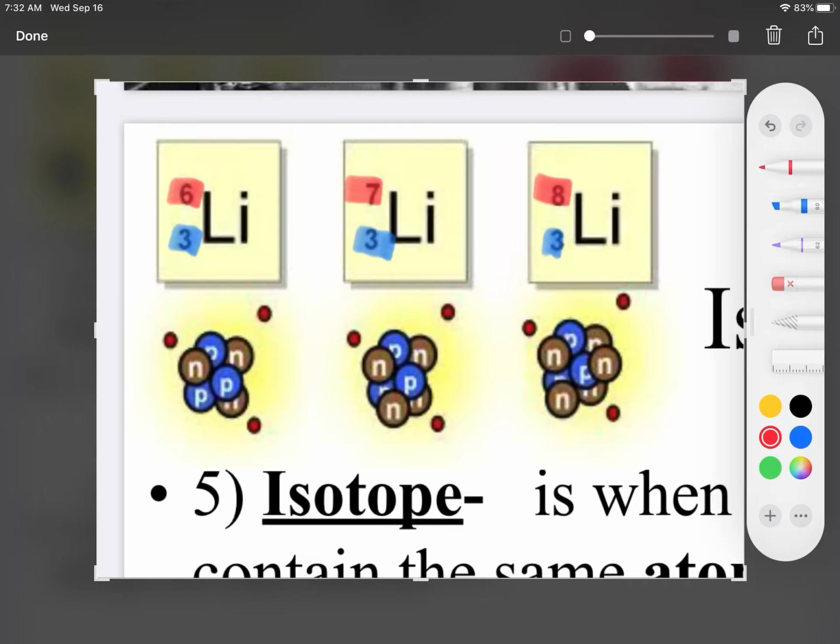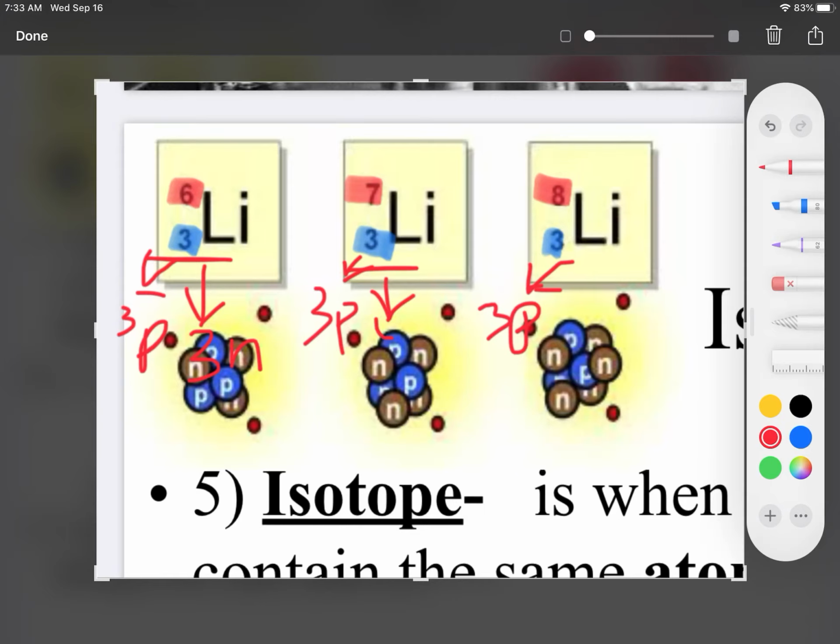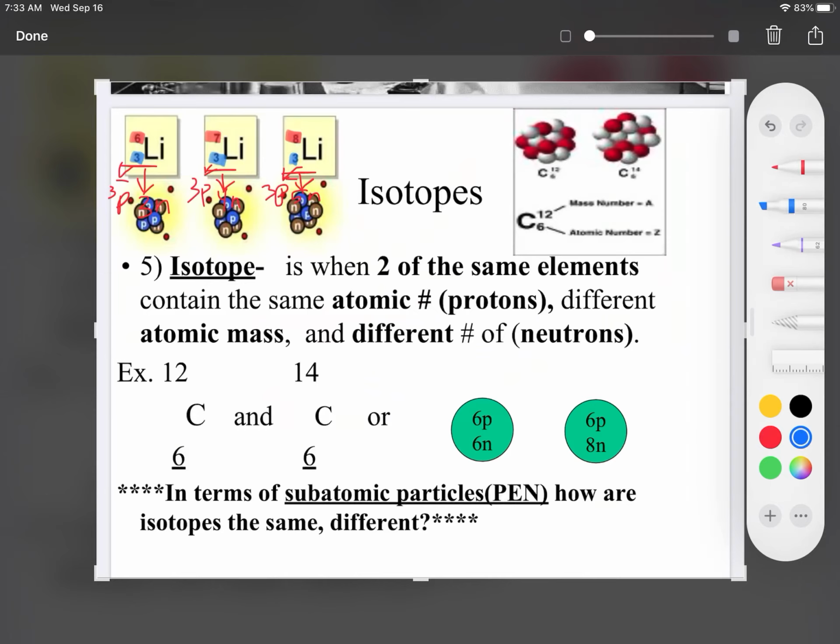They all have 3 protons, but when you subtract them, they have different numbers of neutrons because they have different masses. So very simple: isotopes are elements that have the same protons but different neutrons.